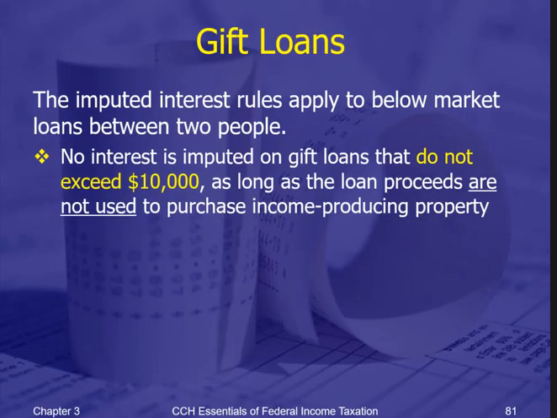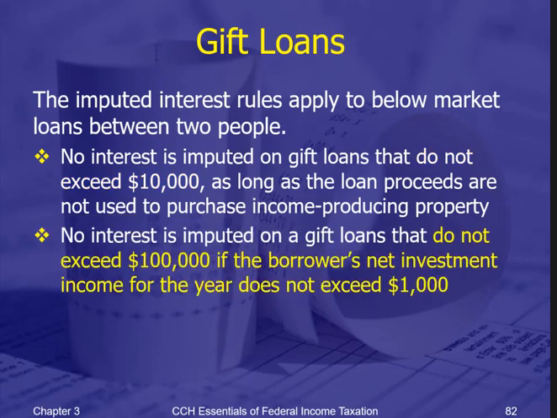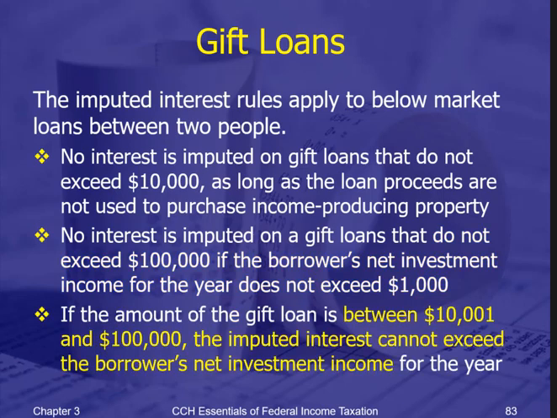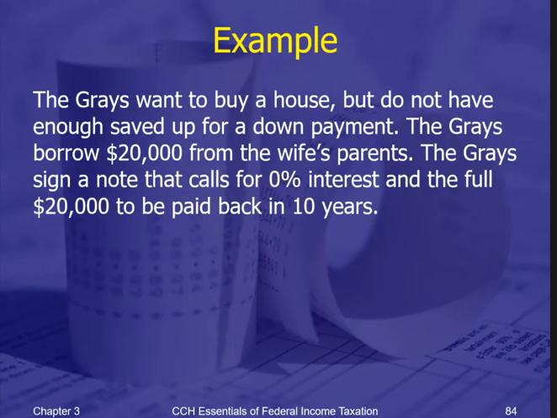So, gift loans, there are some exceptions. Do not worry about loans that are under $10,000 as long as they're not used to produce income producing property. We don't have to worry about it even up to $100,000 as long as the borrower does not have a lot of investment income. If it's between $10,000 and $100,000, that imputed interest cannot exceed the net investment income. So say we want to buy a house, $20,000, zero interest, full amount due in 10 years.